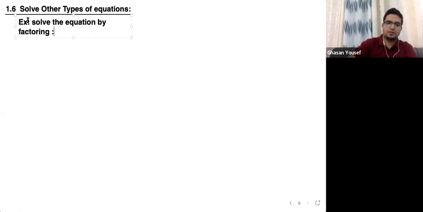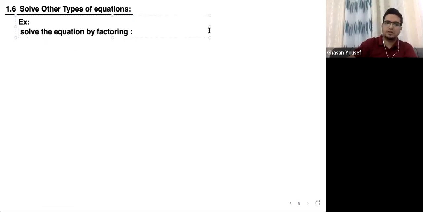The equation is a polynomial equation of the form x to the power 5 equals 9x cubed.